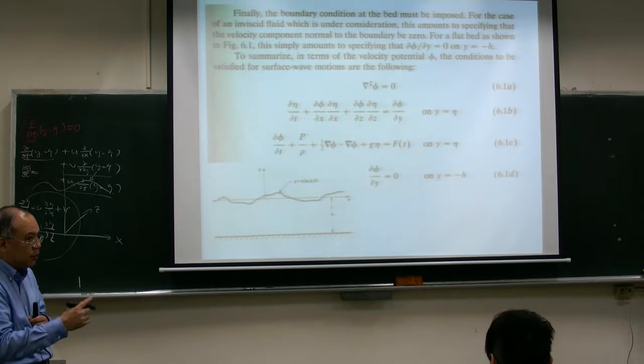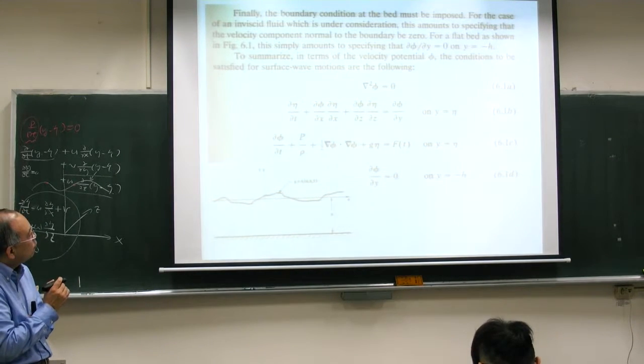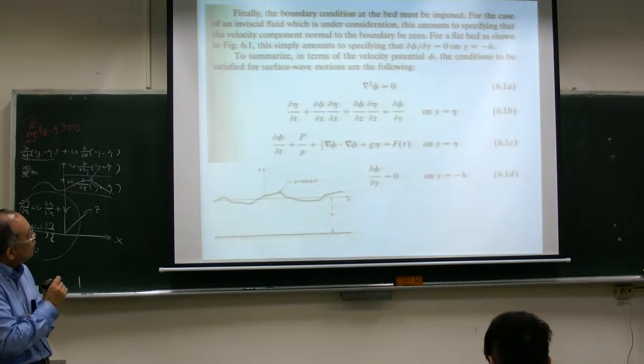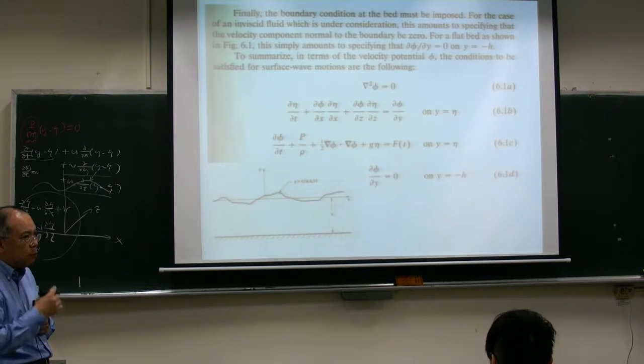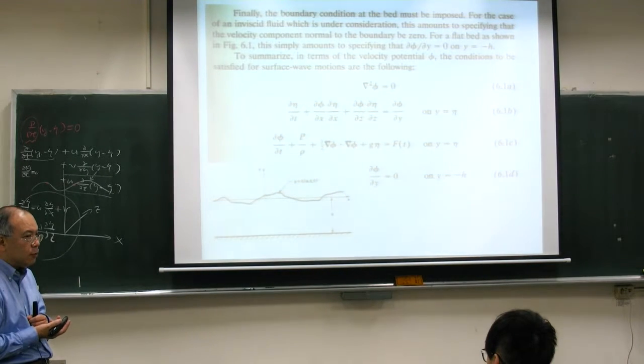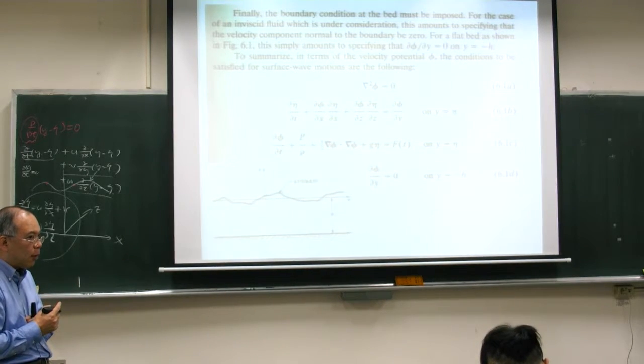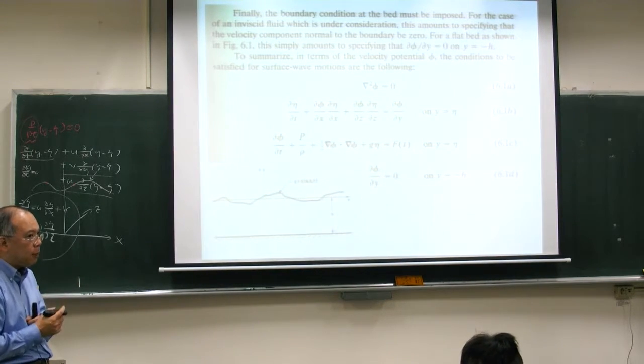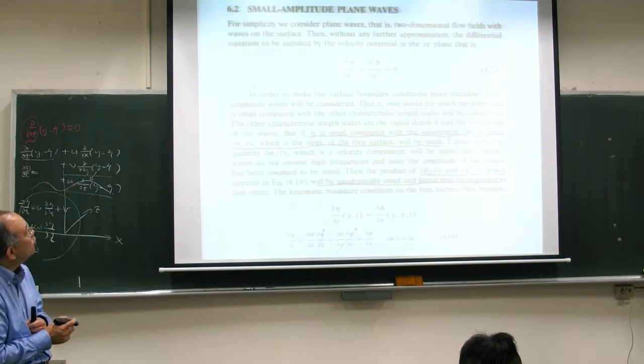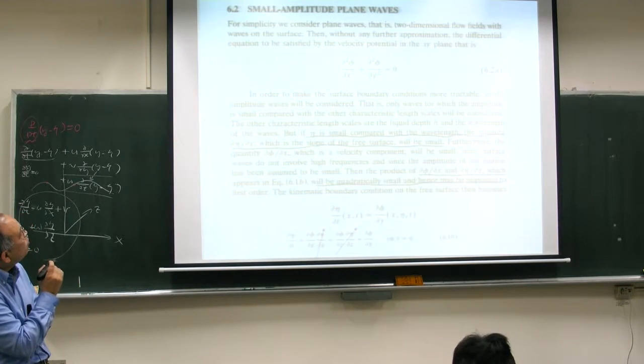A nonlinear term will be difficult to interpret. So if we can linearize this equation under some assumption, we can simplify this physical problem. And the way to simplify it is using the so-called small amplitude plane wave.